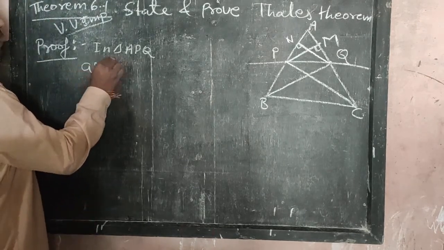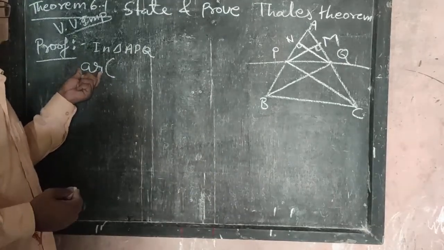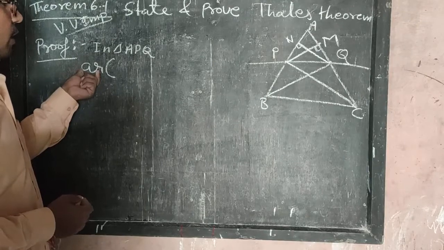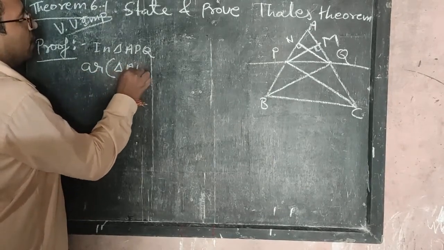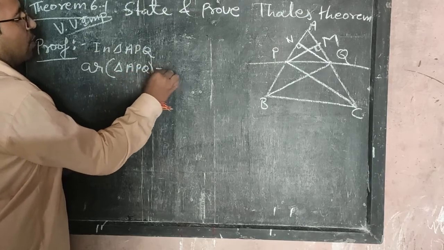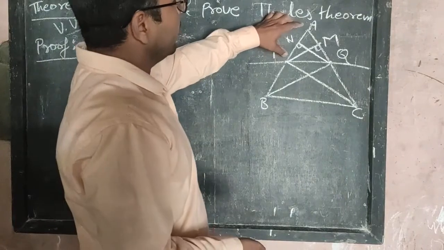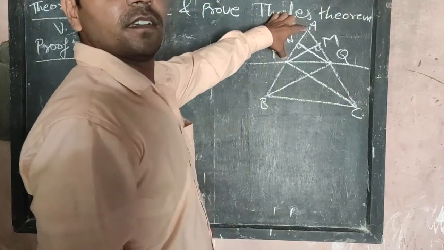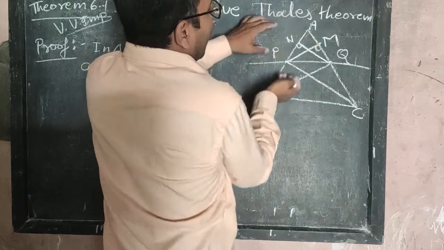The area can be denoted as AR, as you have learned in class 9. So area of triangle APQ is equal to 1 upon 2 base into height. Students, this one is the base. Just look at this figure by turning your page.